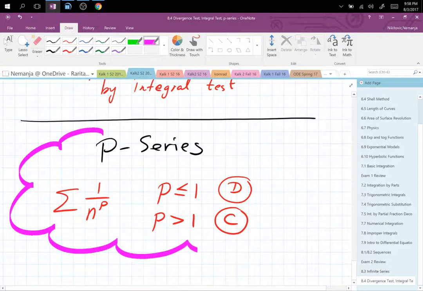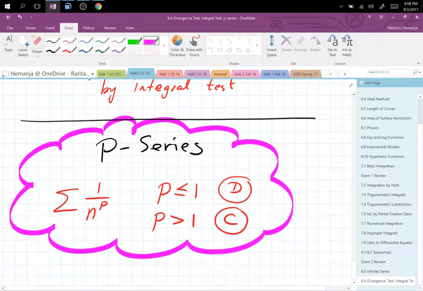So now you don't have to crank the integral test for basic ones. It's called the P-series. And you want to start with this test because you are going to use a lot of it in comparison. So in 8.5, the limit comparison test and the direct comparison test are going to use this a lot. It's like a fallback, right? You have the method that transforms your integral and then you can finish it off with a u sub.